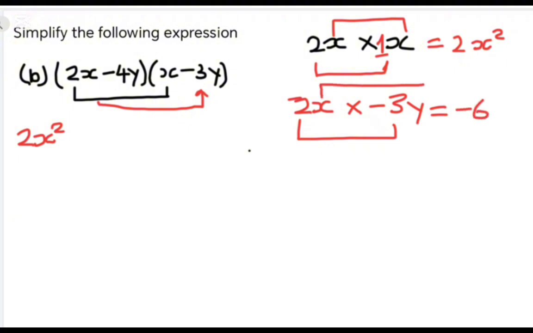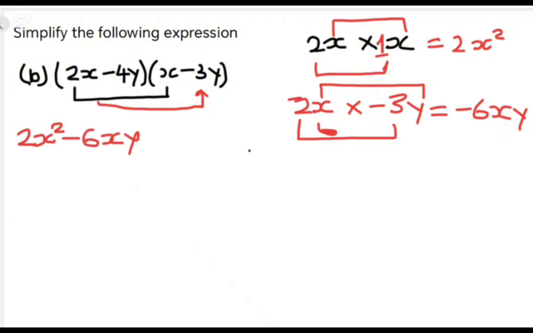Then x multiplied by what? There is no other variable that is the same as x, so we're going to keep x the same and also y the same. This is not the same as x multiplied by x. Here there was a variable that we had to multiply with x, but this time x does not multiply by anything. So we're just going to keep it as negative 6xy.